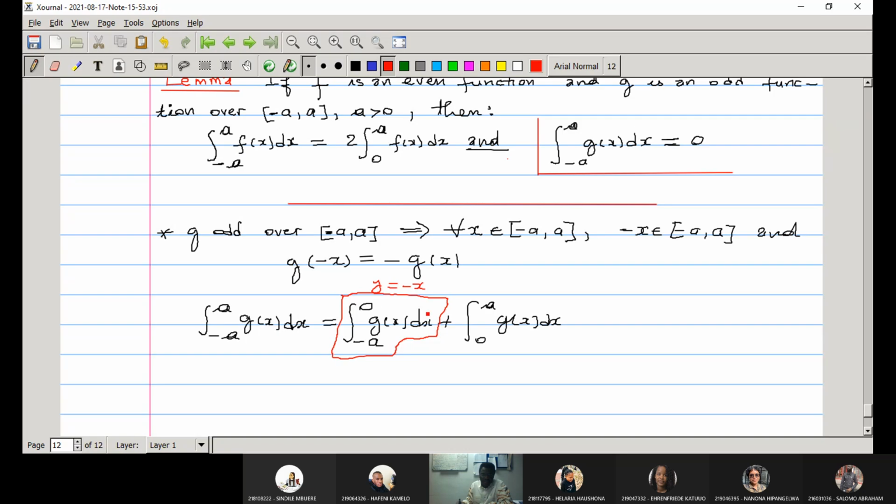If you do that, this will become negative, and they will cancel out. So that's what you need to do. Please do that. And you can do something similar for f, and then you get the result.